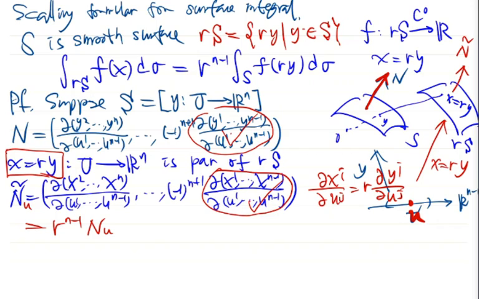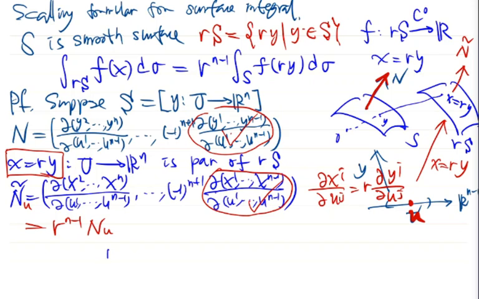Why do we have the factor r^(n-1)? Because the entries in this determinant are r times the entries of that determinant. Maybe I should write this out. For example, we consider the last component.